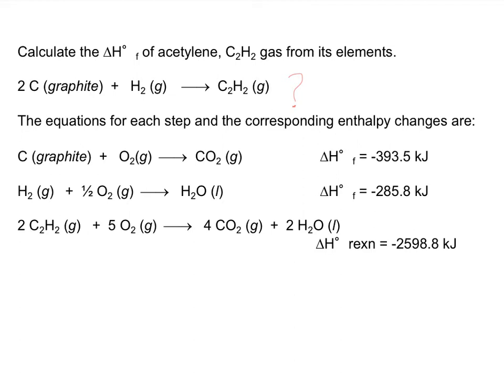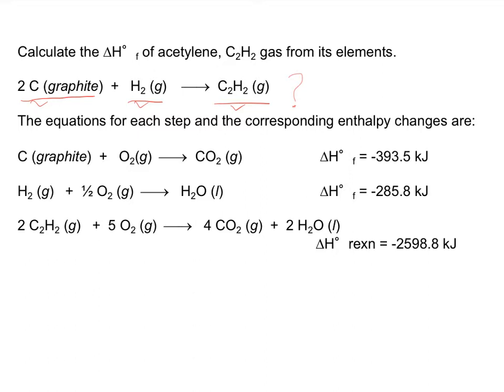Okay, now let's recap. Our target reaction is 2 carbon in graphite reacting with hydrogen to produce one mole of acetylene, C2H2. So we need carbon, hydrogen, and acetylene, nothing else.